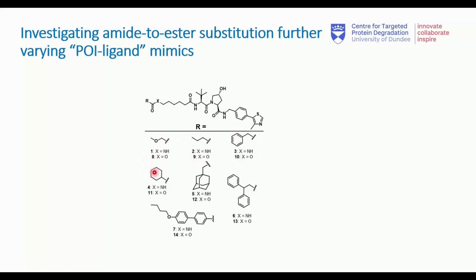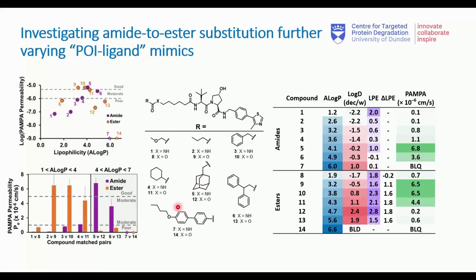You can see here we are getting larger groups, this adamantyl, this diphenyl moiety here, and this is increasing the lipophilicity. With the calculated log P, we're increasing the lipophilicity as shown here, and also in the experimental log D values, you can see that they are increasing in lipophilicity.